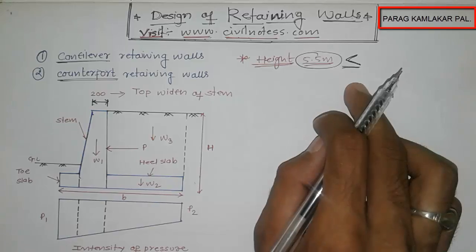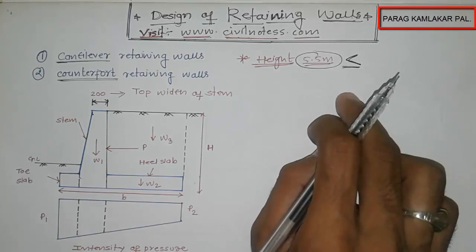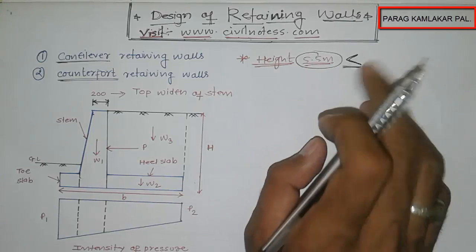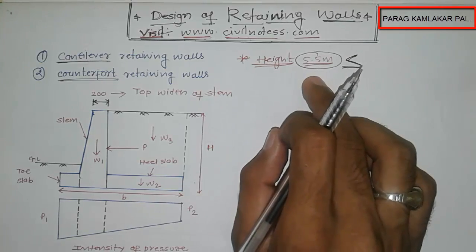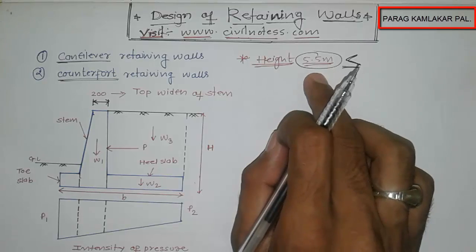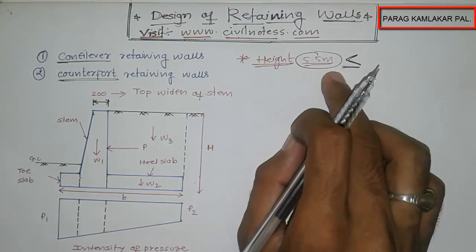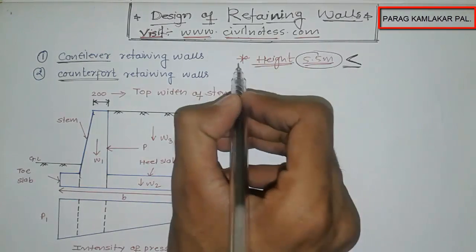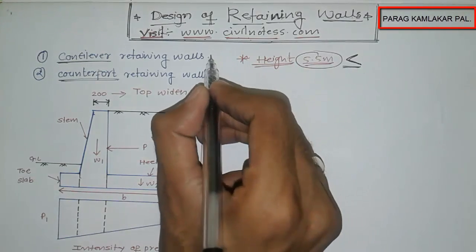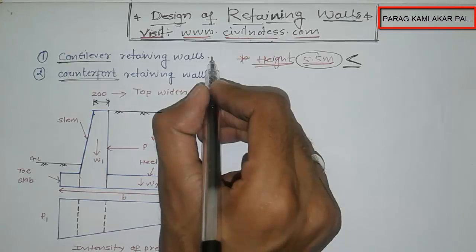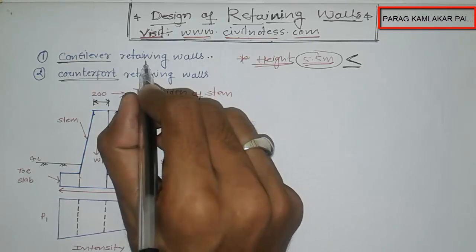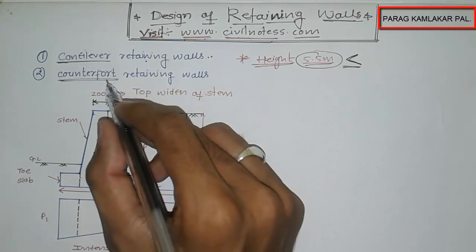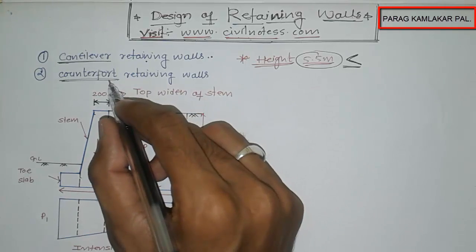The counterfort retaining wall you can use for more than this. If the height is more than 5.5 meters, say 5.6 meters, then you go for the counterfort retaining wall. So these are the requirements.